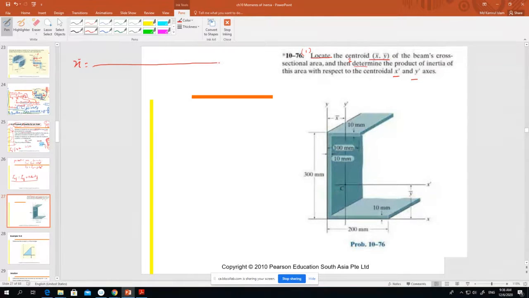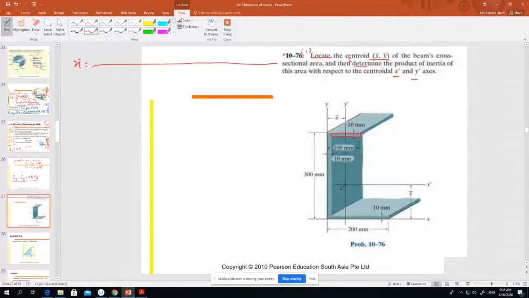So first what will we calculate? We will calculate x bar and y bar. First we do x bar, and to do this we have the figure here. What we have to do is make three sections.